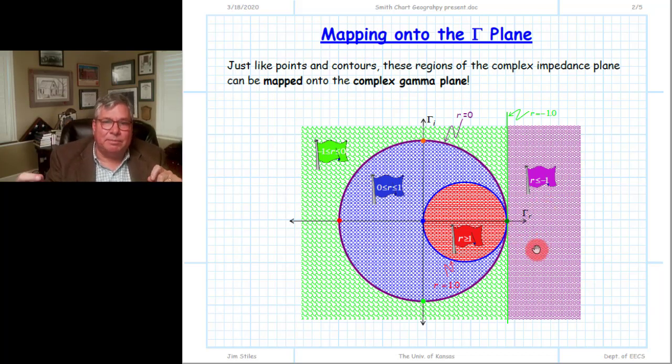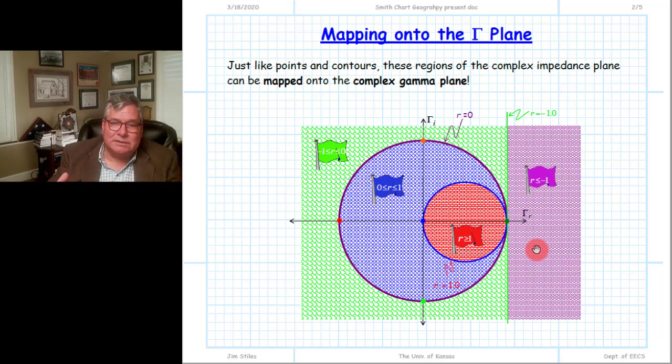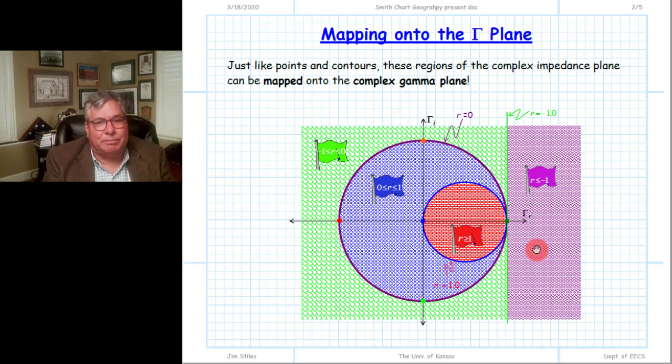Likewise, we saw on the complex impedance plane, the normalized impedance plane, that 2 of the regions lie completely in the validity region, or the valid region, I should say, to the right side of the vertical axis. And therefore, those 2 regions must reside likewise entirely in the valid region of the complex gamma plane.